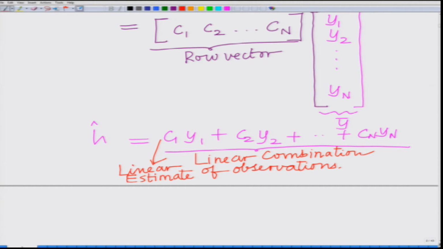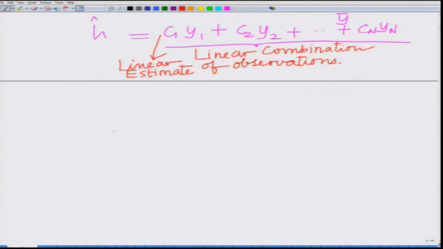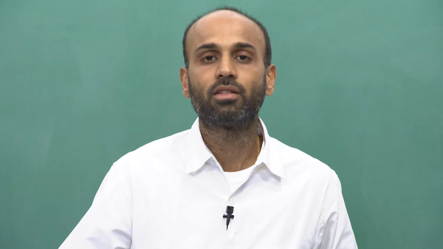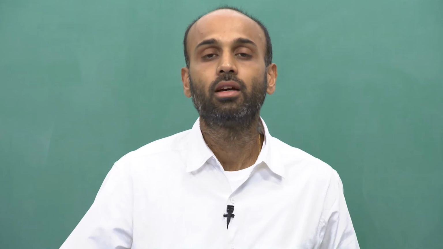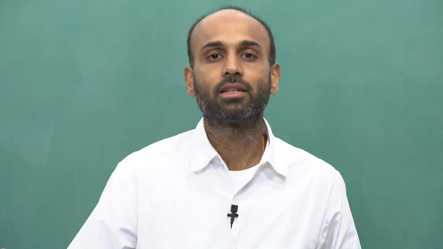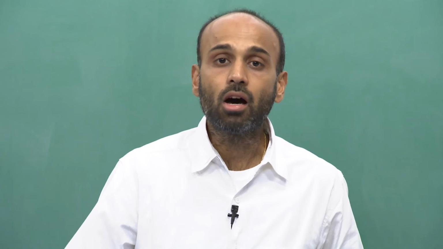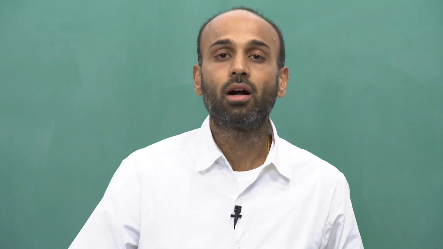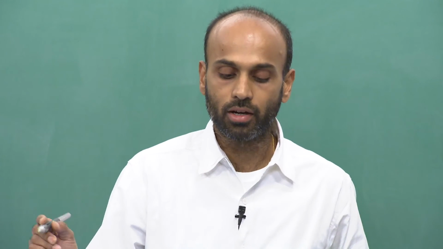Basically H hat equals C1 y1 plus C2 y2 plus so on up to Cn yn, which is therefore a linear estimate. Okay. Now we want to find the mean square error, that is MSE.